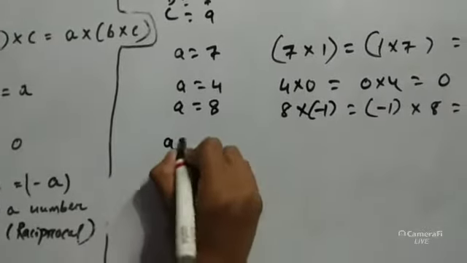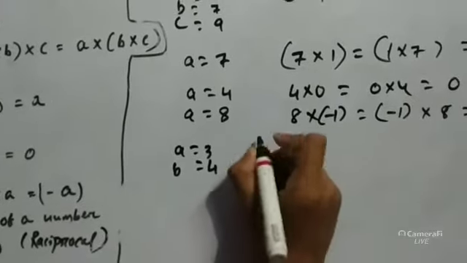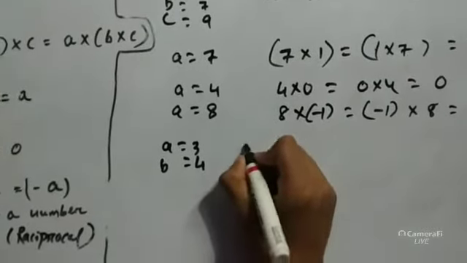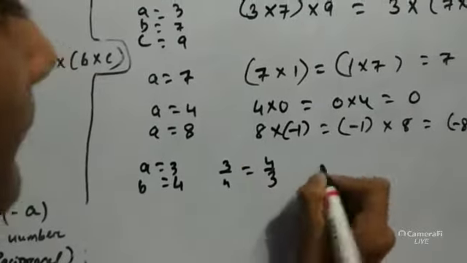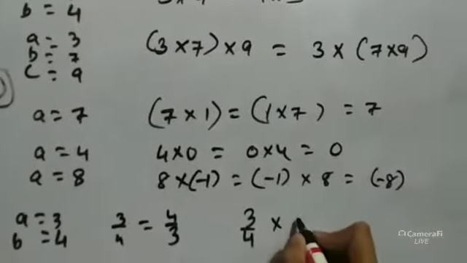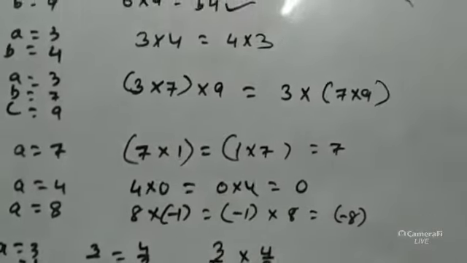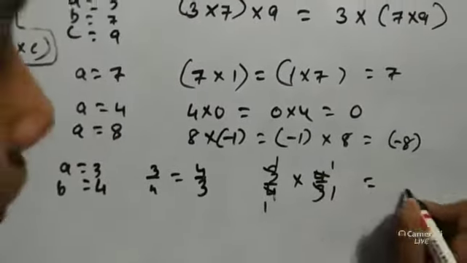Just take a equal to 3, b equal to 4. Then its reciprocal is 4 by 3. Now 3 by 4 into 4 by 3 gives the product 1.